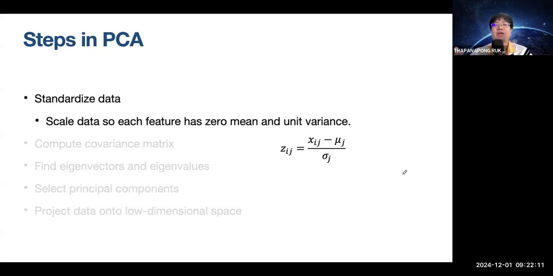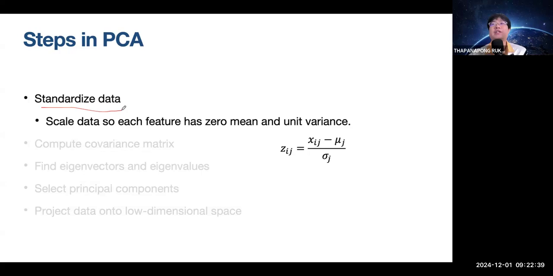So the first step in PCA, you want to standardize the data. It's basically scaling. And we learned last time, right? Before we do clustering, we want to scale because the range of each dimension affects the performance of the clustering algorithm.